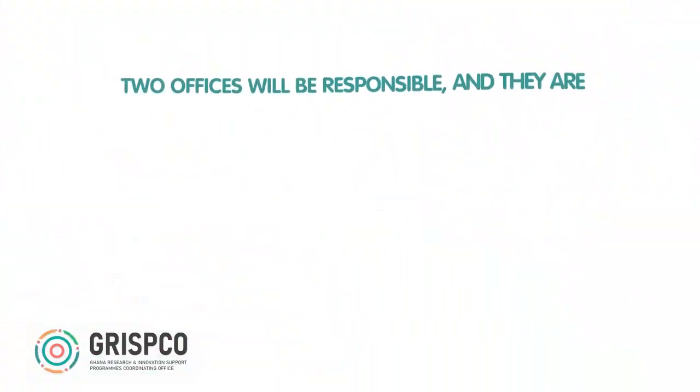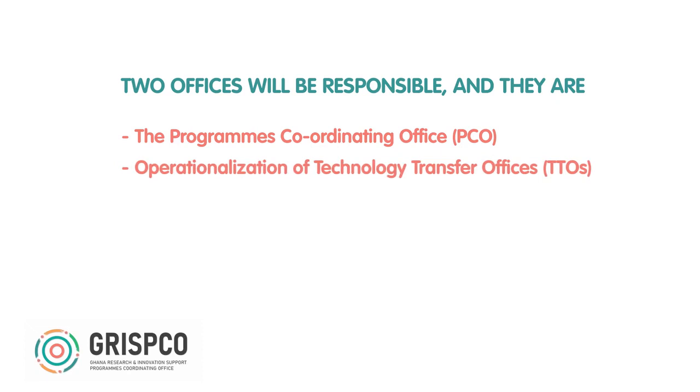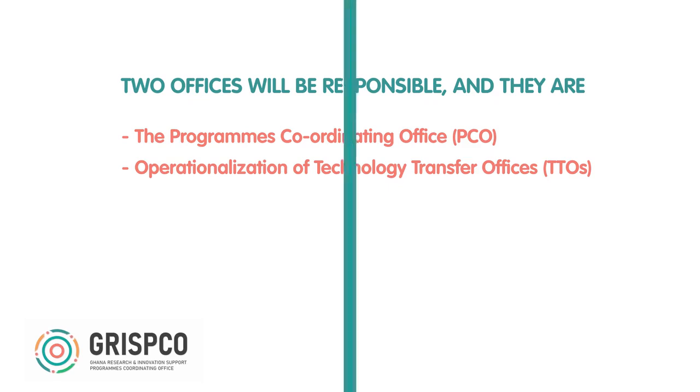The SOP applies to all IP and IP assets that are owned either partly, fully, or jointly by an institution. For the purpose of IP management for any institution, two officers will be responsible, and they are the Program's Coordinating Office, to provide a framework for the establishment and operationalization of technology transfer offices in the institution.